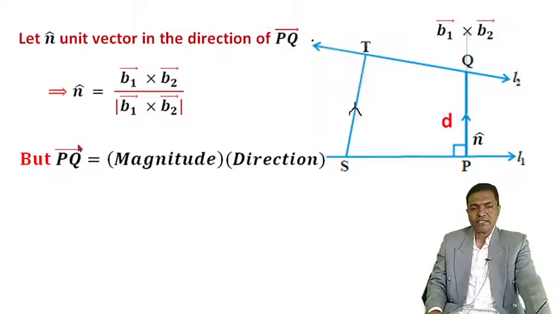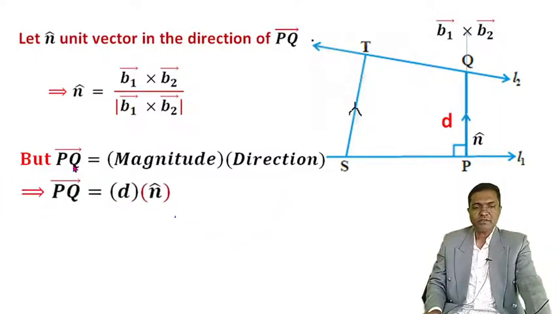So what is the magnitude of PQ? Magnitude of PQ means length of the line segment PQ. Okay, so length of this PQ is D. Okay, so what is its direction? Its direction is this n cap. Okay, so vector PQ can be expressed as D into n cap.